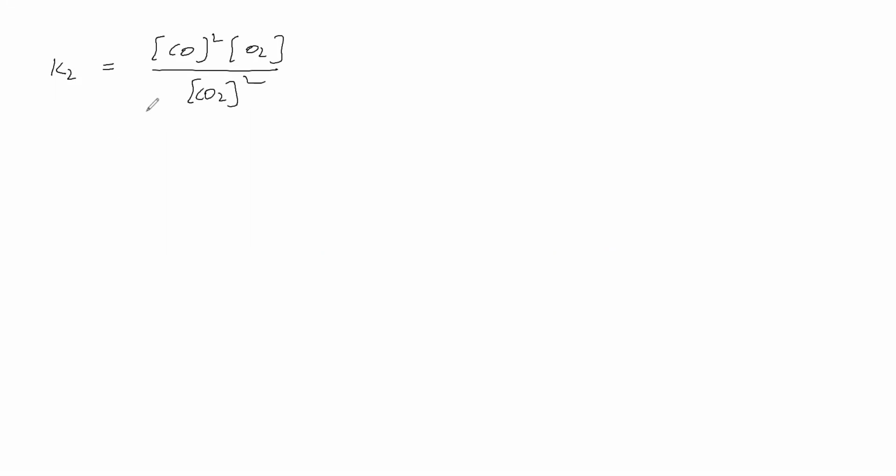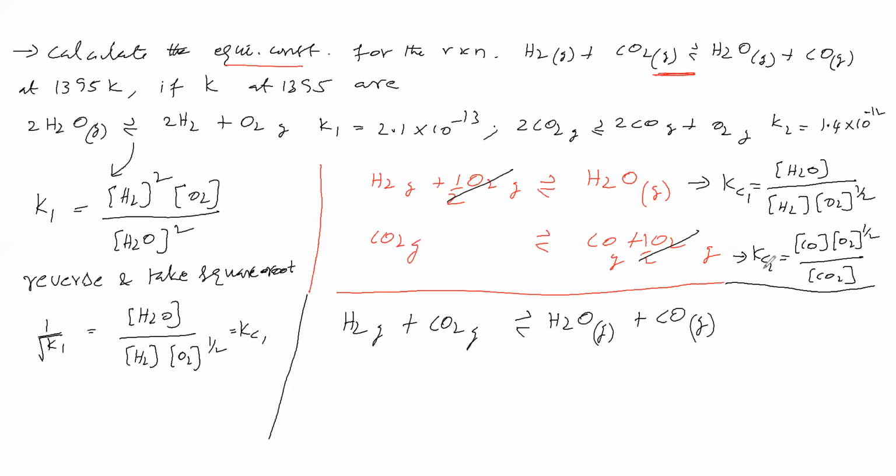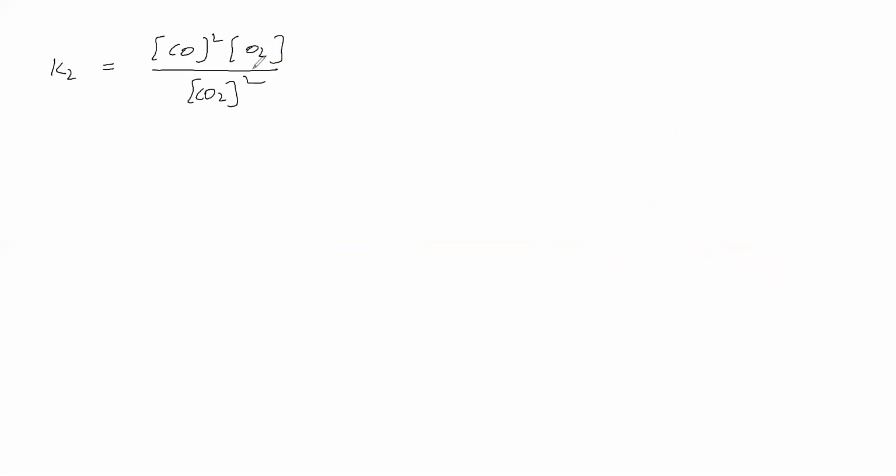Now we want the relation between this K2 and Kc2. Kc2 is what? CO into O2 power 1 by 2 by CO2. It is Kc2. K2 is what? CO power 2, O2 power 1, by CO2 power 2.